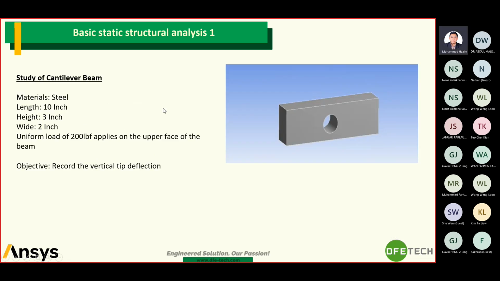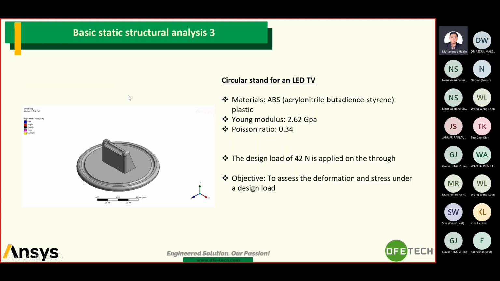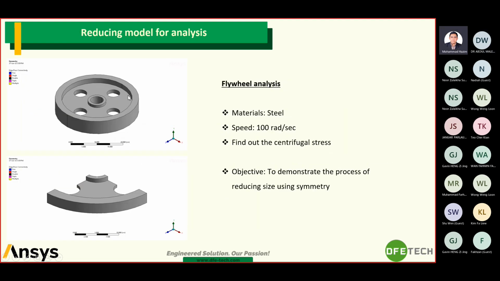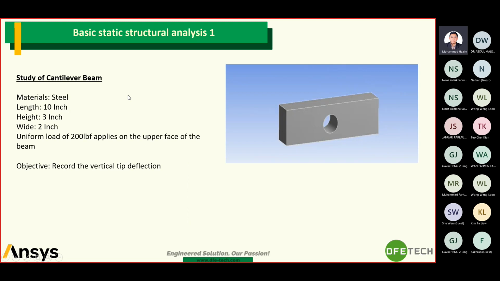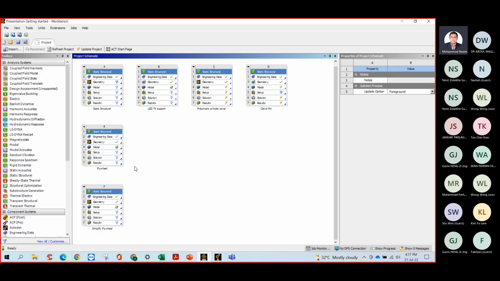Okay, so now I move to the demo. We will do several demonstrations today. This is the basic one, I think for the beginner must do this simulation. So we start with this simulation.